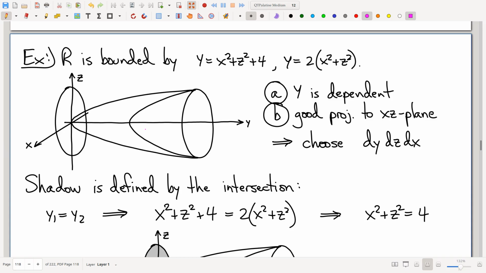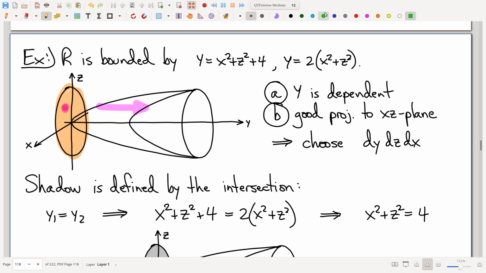Now, you look at this shape, and I think it's a pretty easy pitch that the projection in the XZ direction is not going to be bad. Details, we'll figure out exactly how to understand that, right? But that's not bad. And then, for a given point somewhere in that domain, pick some point there, and think about what's the range of values of y. Well, y is going to go kind of like this.